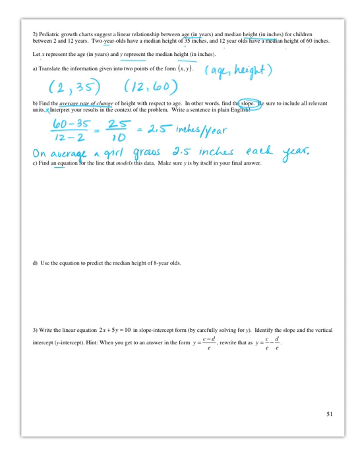Now we're going to find an equation for a line that models this data. So we're going to use our standard y equals mx plus b form. We have already found our slope, so y equals 2.5x plus b, and now we want to find b.